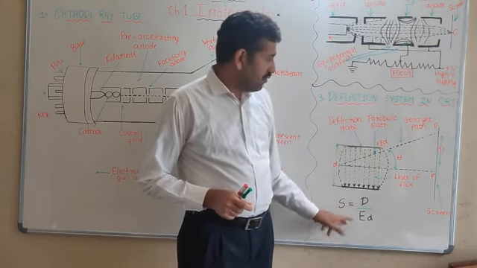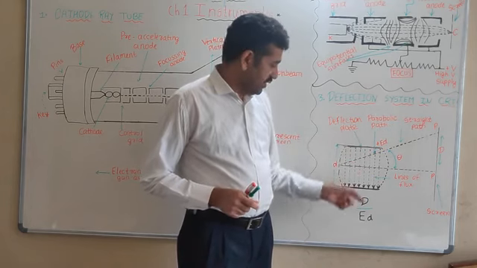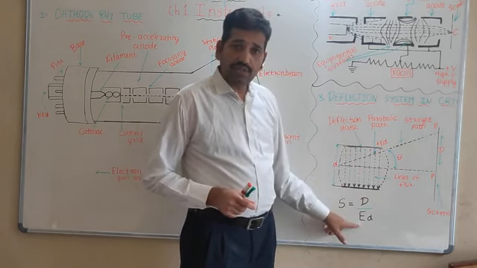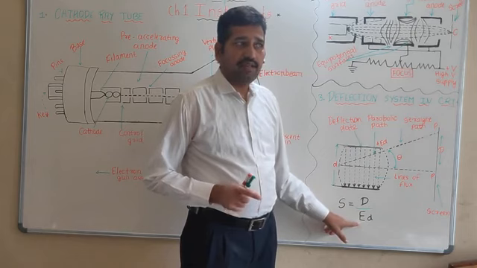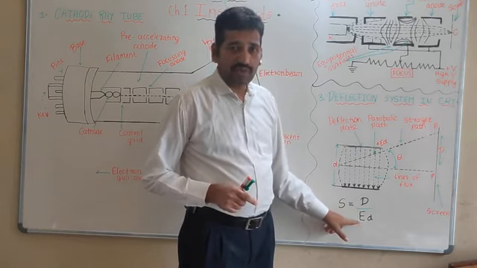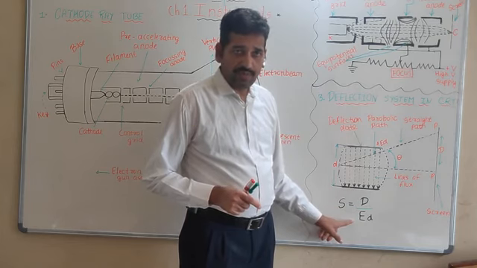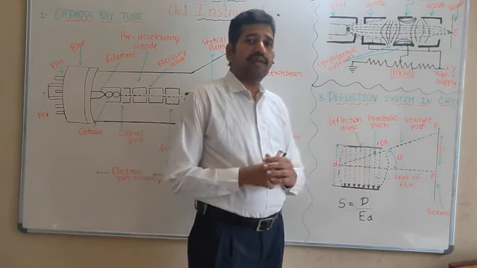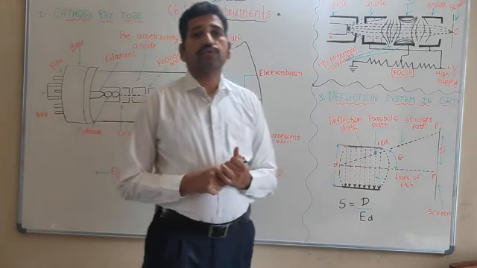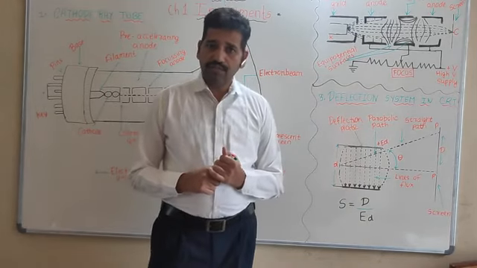So the unit of electrostatic deflection sensitivity is meter per volt, but practically meter is not convenient, so it may be measured in mm per volt. In this way, we can determine the sensitivity of the electrostatic deflection system.